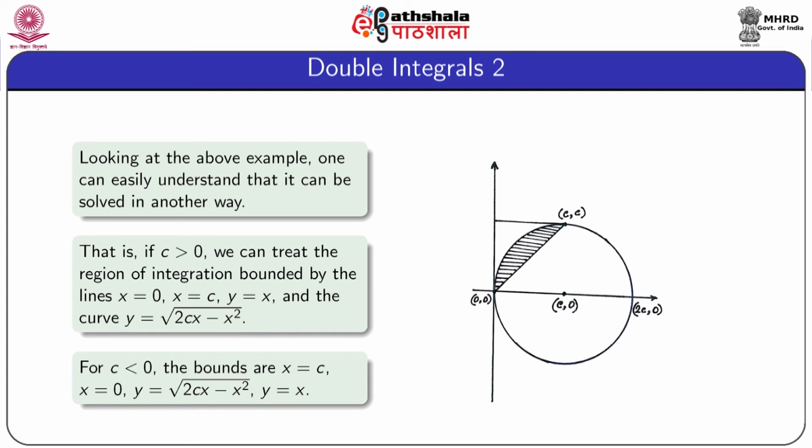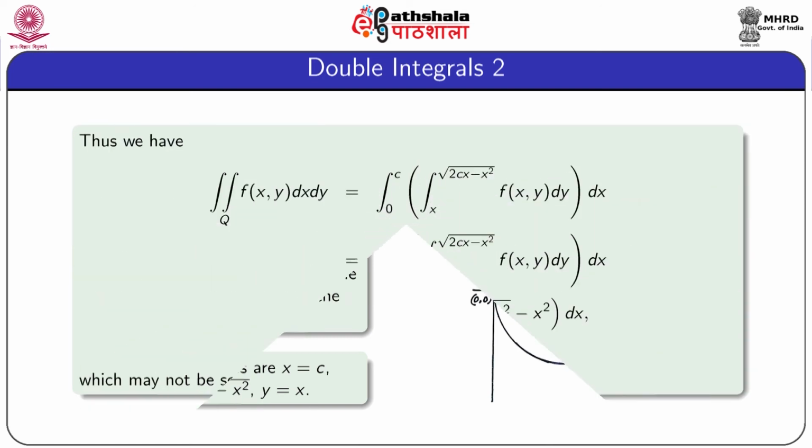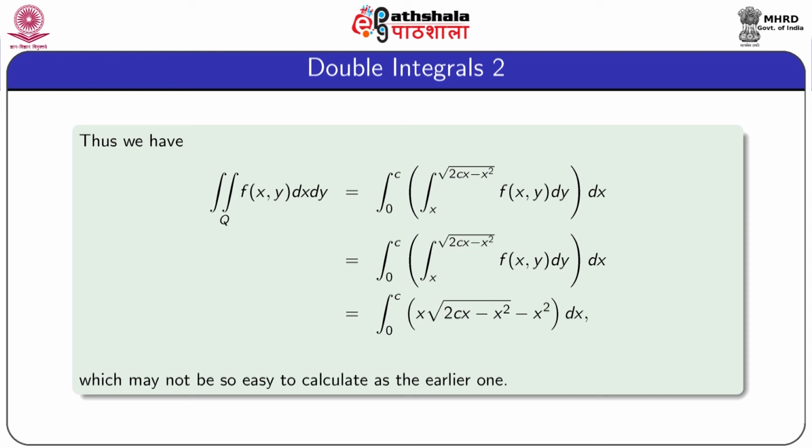For c less than 0, the bounds are x equal to c, x equal to 0, y equal to the square root of 2cx minus x squared, and y equal to x. Thus, we have the integral over Q of f(x,y) dx dy equals the integral from 0 to c of x times the root of 2cx minus x squared dx, which may not be so easy to calculate as the earlier one.